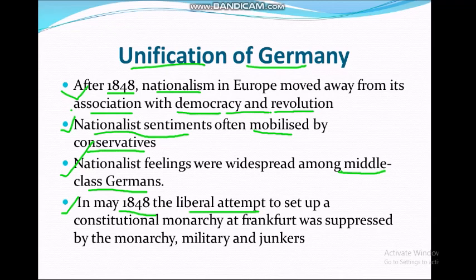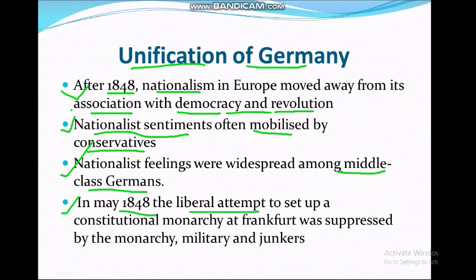and Junkers. The nationalist feelings were widespread among the middle-class Germans who in 1848 tried to unite the different regions of the German Confederation into a nation-state governed by an elected parliament.